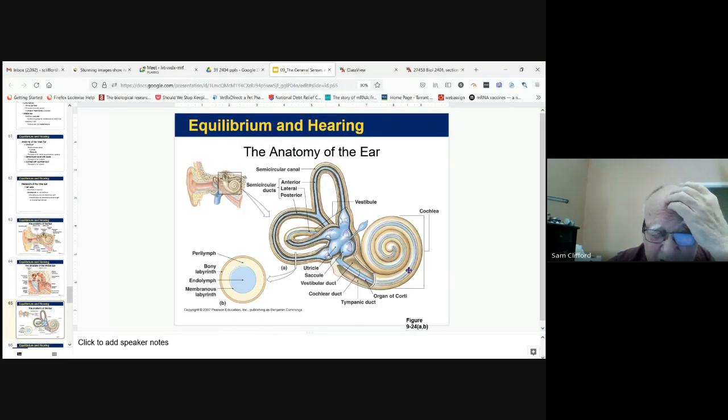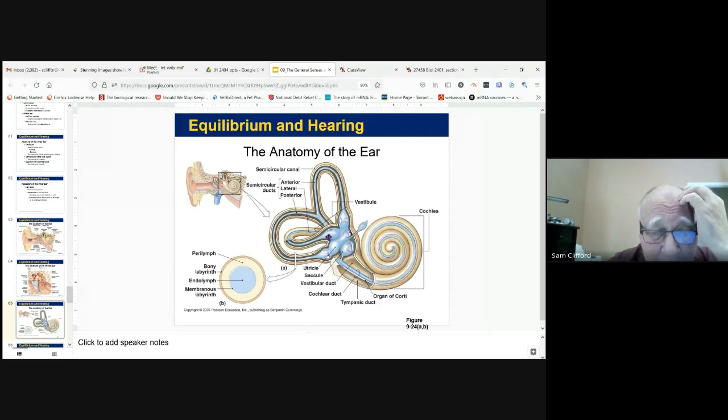We can also look at the semicircular canals again, and the utricle and the saccule. Those are organs that stimulate and respond to movement, by the movement of little rocks called ear stones, and I can't think what it's called.